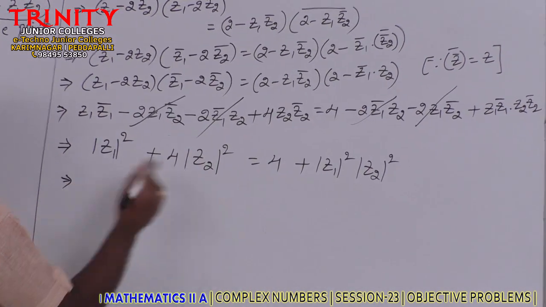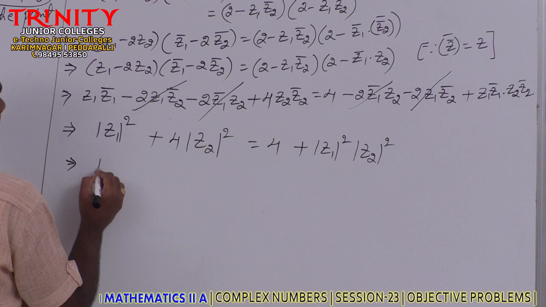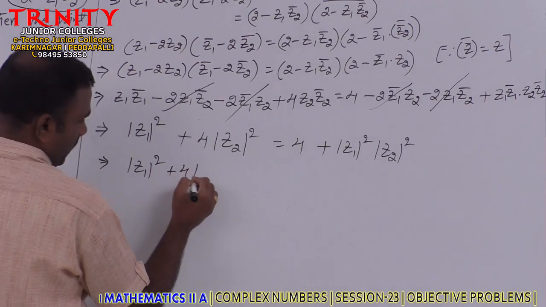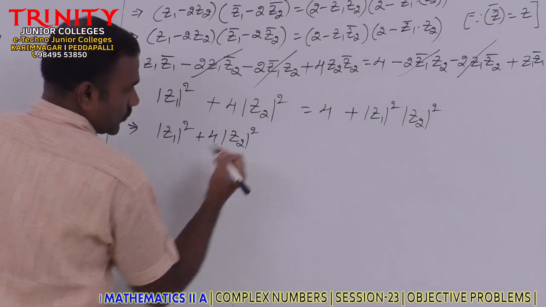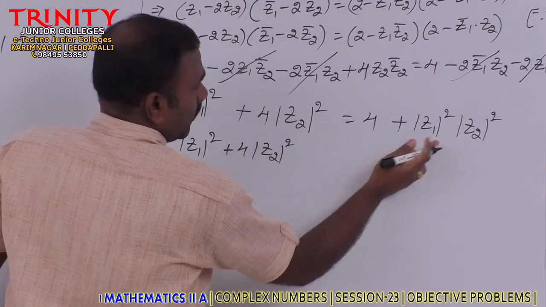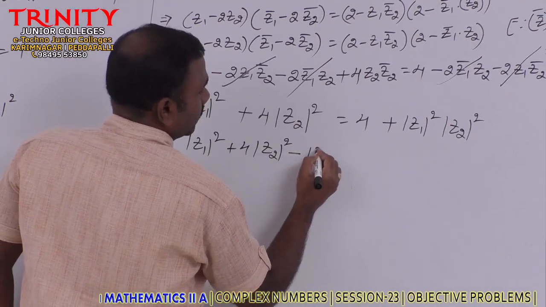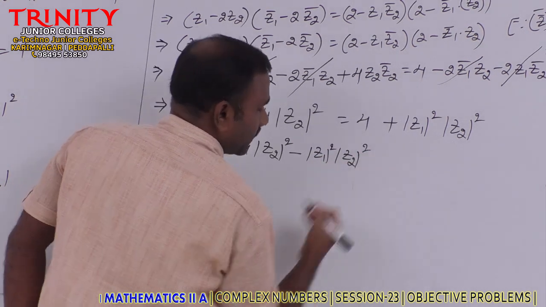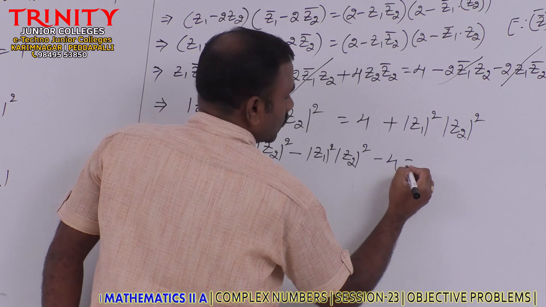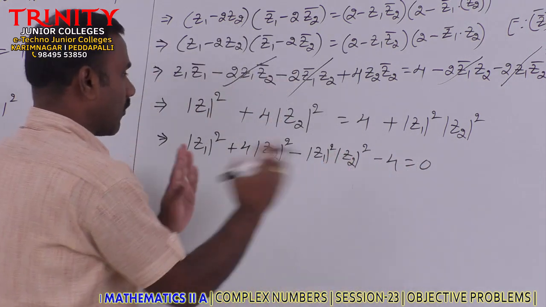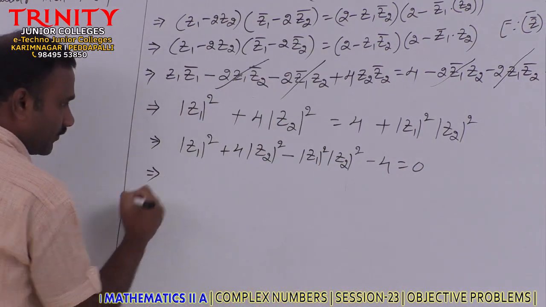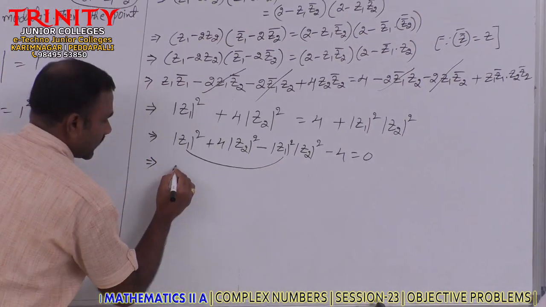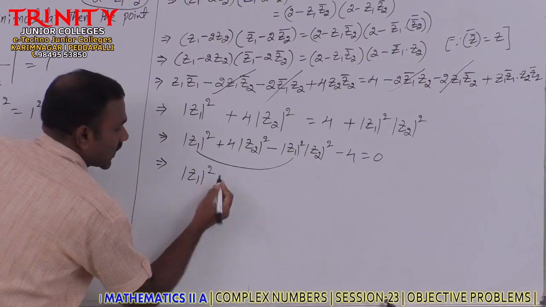Now take all to one side. Mod Z1 square plus 4 into mod Z2 square minus mod Z1 square into mod Z2 square minus 4 is equal to 0. Now from these two, can I take mod Z1 square common?